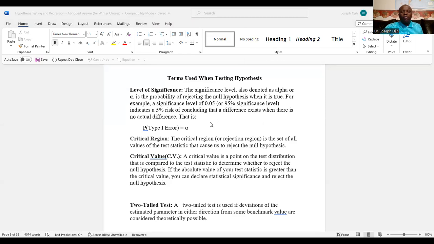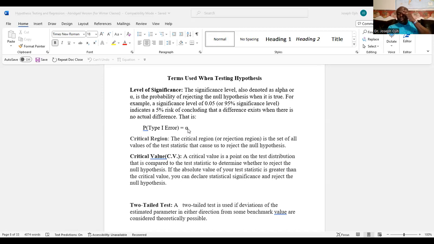Now, the significance level simply means the probability of committing type 1 error. And when we say type 1 error, it means the probability of rejecting a correct null hypothesis. So you can see it from here. The probability of type 1 error equals alpha, which is our significance level.